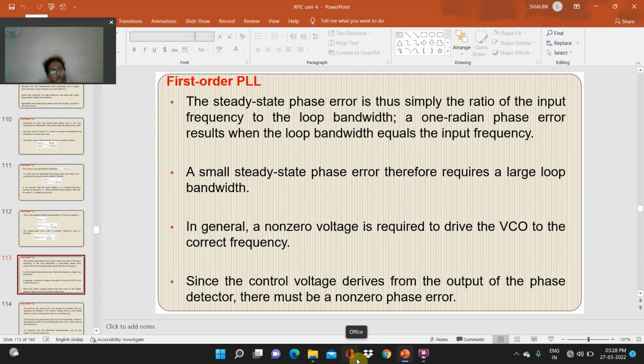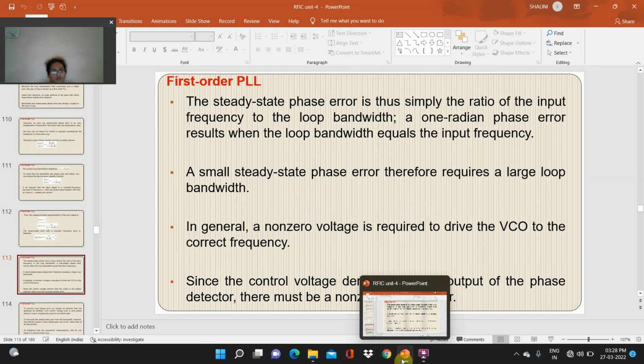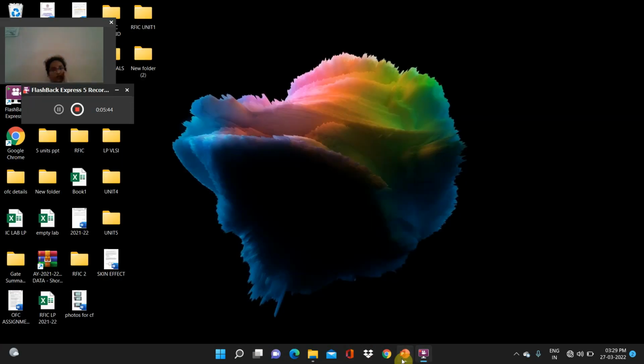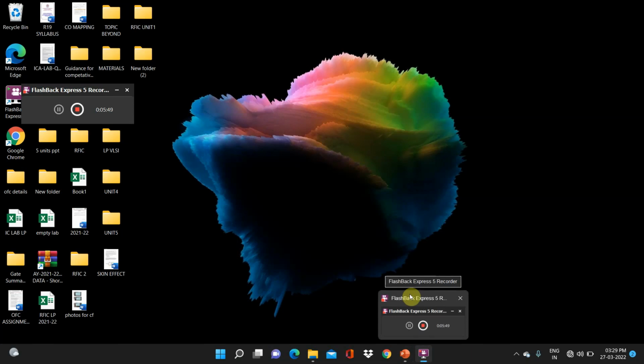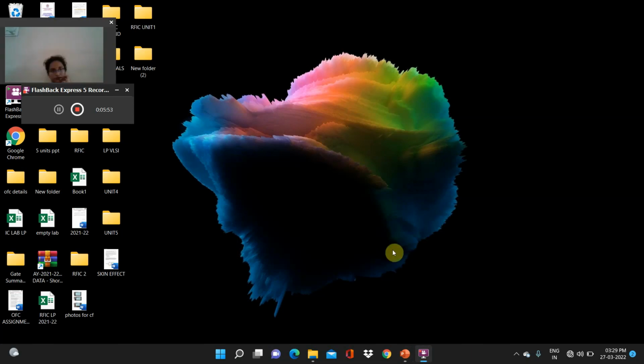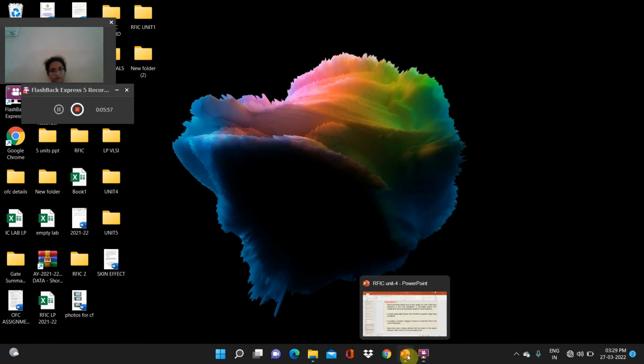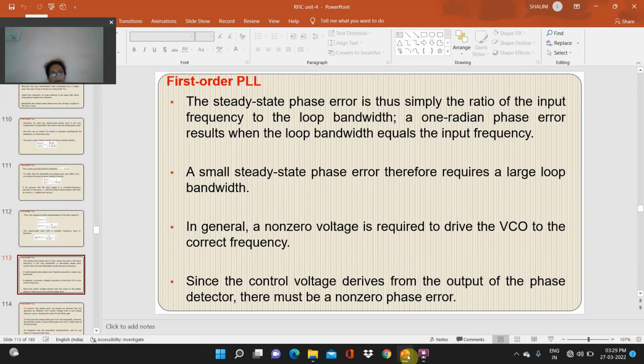For a first order PLL, the steady state phase error is thus simply the ratio of the input frequency to the loop bandwidth. A 1 radian phase error results when the input frequency equals the loop bandwidth.